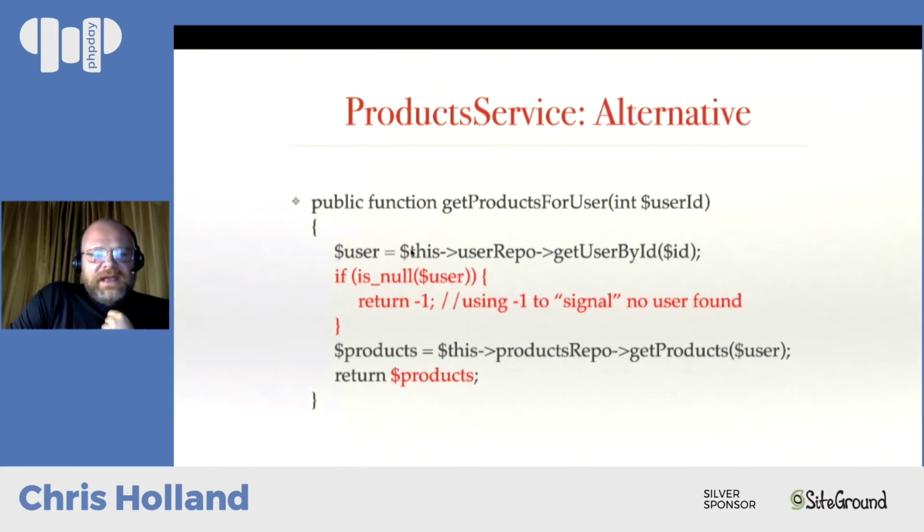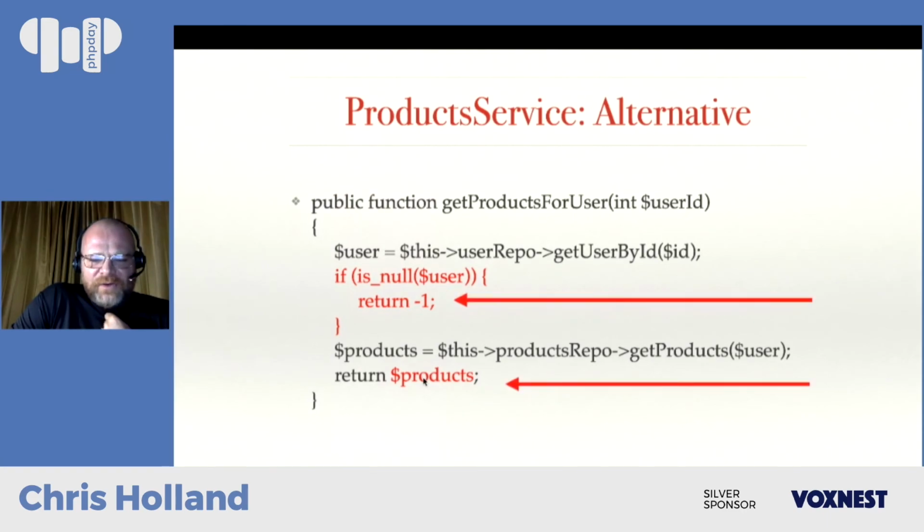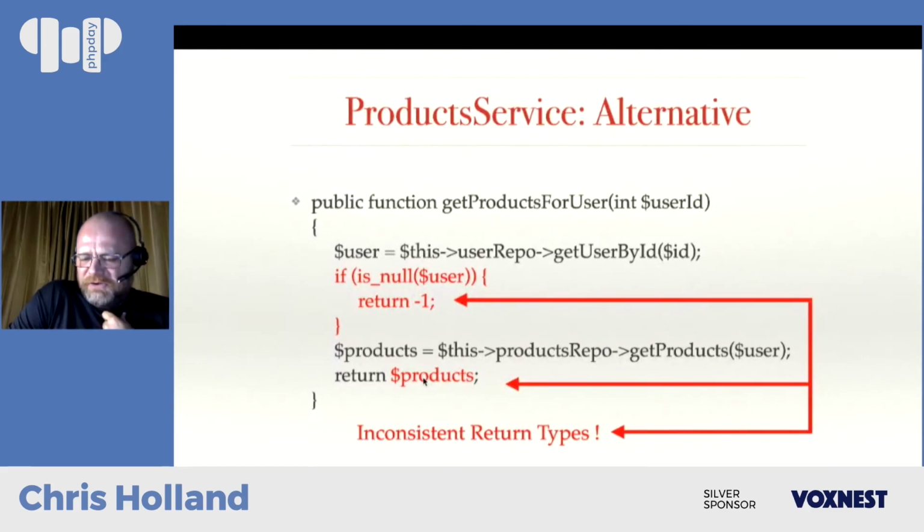But now things get interesting, because my method can now return either -1 or an array of products. That's already really weird, right? I have inconsistent return types. That's a pretty big code smell already.